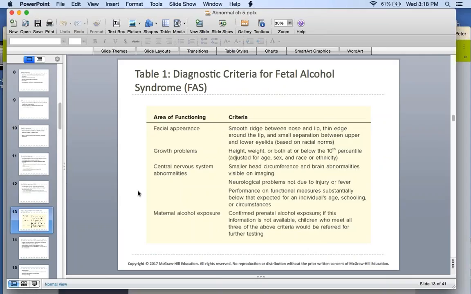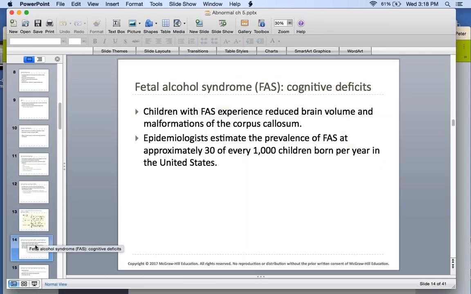So with fetal alcohol syndrome, we see just these differences in facial appearance, growth problems, central nervous system abnormalities, and they're related to maternal alcohol exposure. Children with fetal alcohol syndrome experience reduced brain volume and malformations to the corpus callosum.